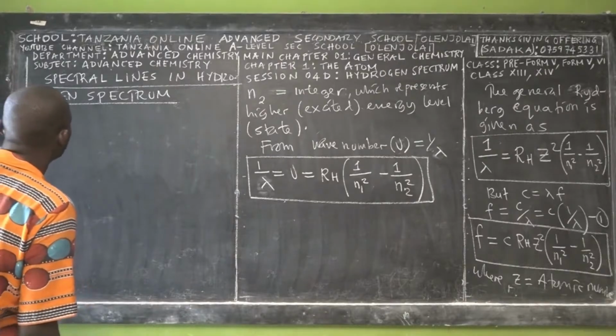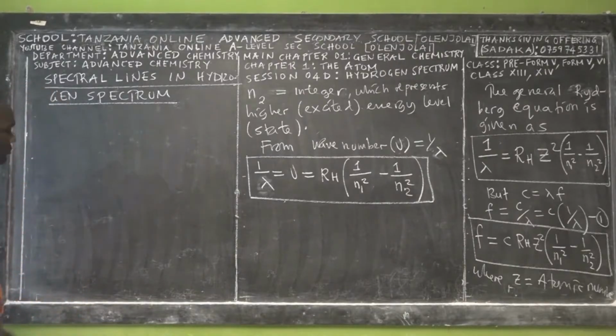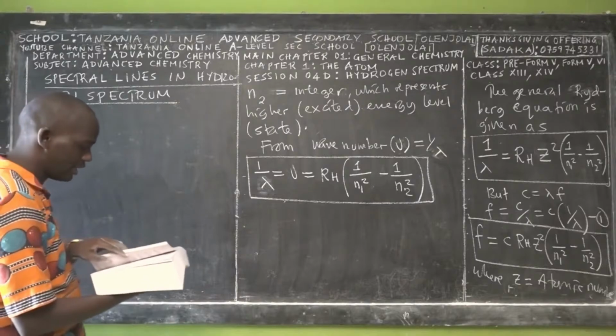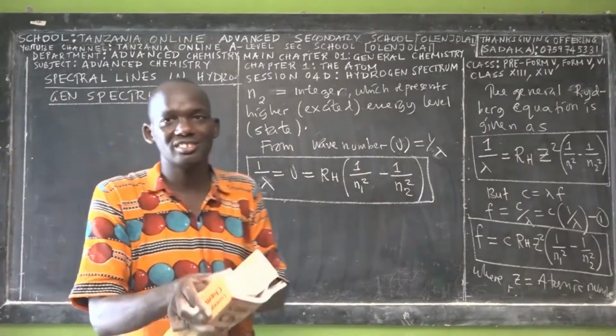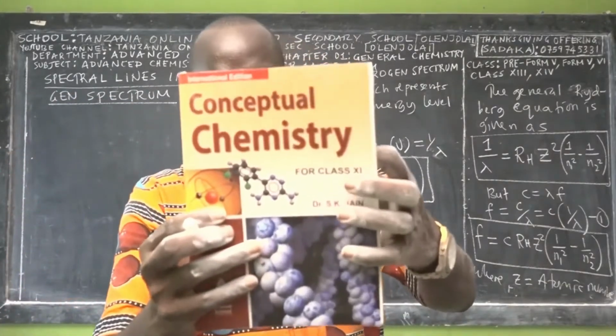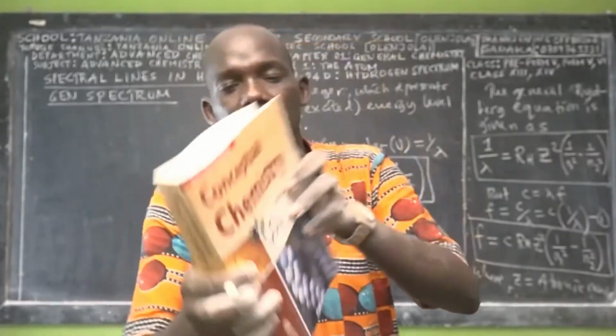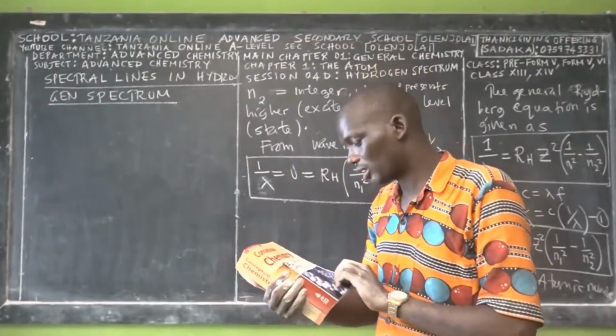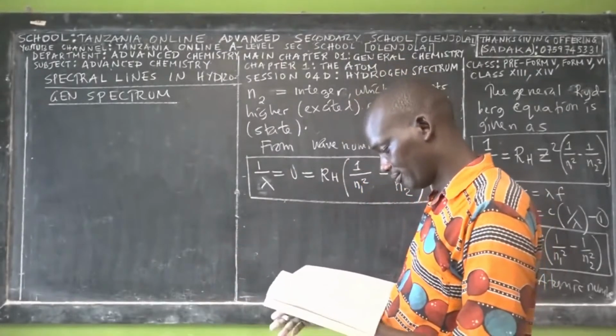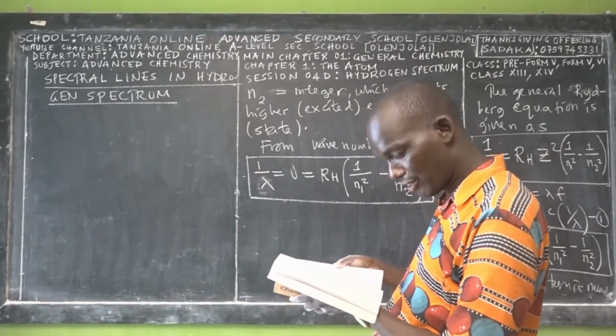So, spectral lines in hydrogen spectrum. I am referring to the Conceptual Chemistry book written by Dr. S.K. Jain, page 156.